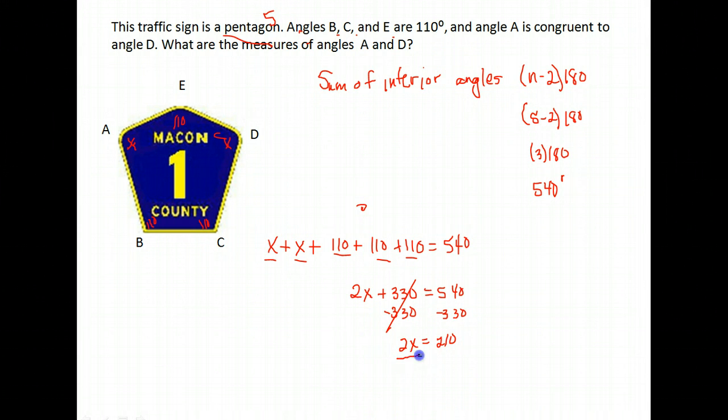We have 2 times x, so we do the opposite and divide both sides by 2. We get x equals 105. Okay, so the measure of angle A and angle D is 105 degrees. So we could finish this out.